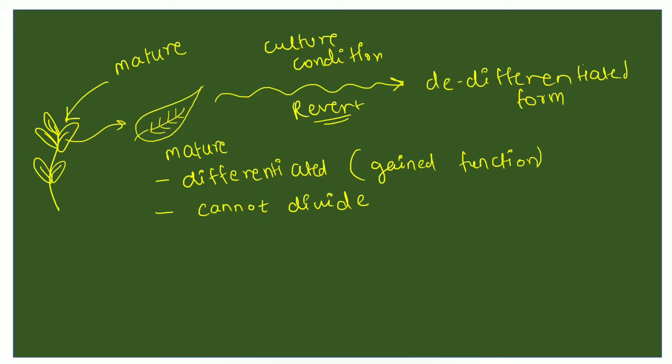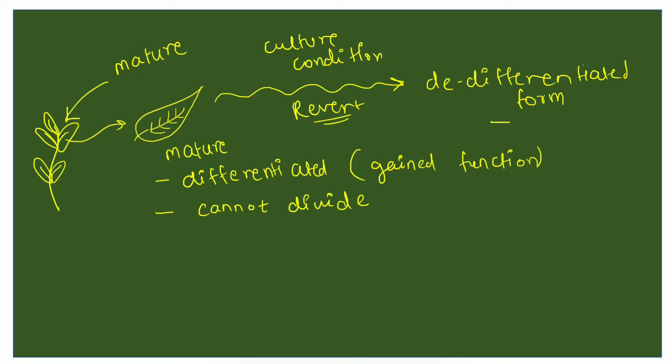This de-differentiated form can be achieved by the use of certain phytohormones and the media. For example, Murashige and Skoog media is the commonly used nutrient media for plant tissue culture. So you are basically reverting back to its de-differentiated form.